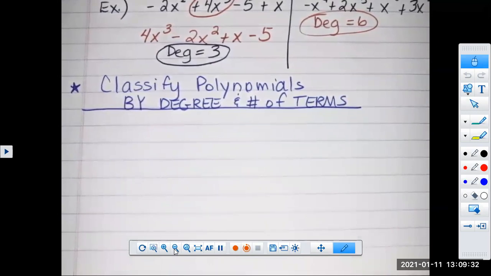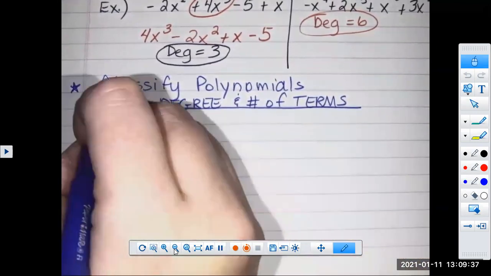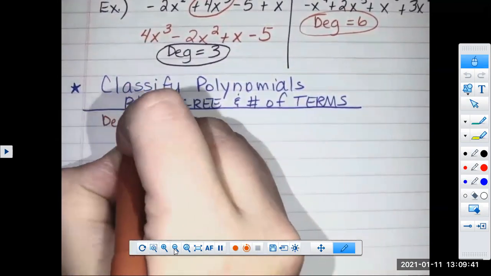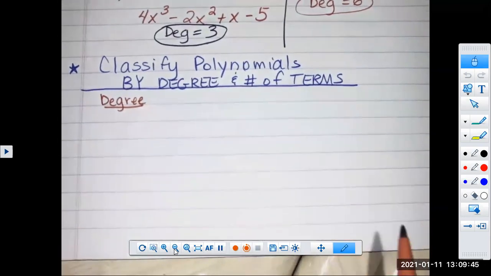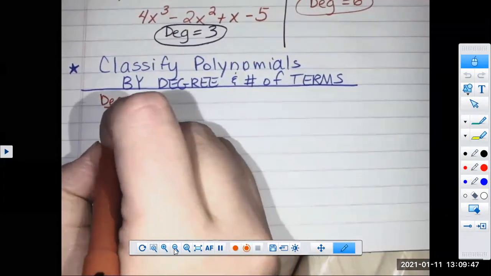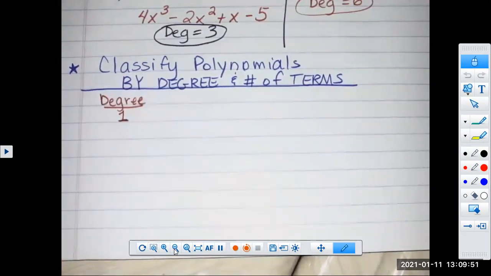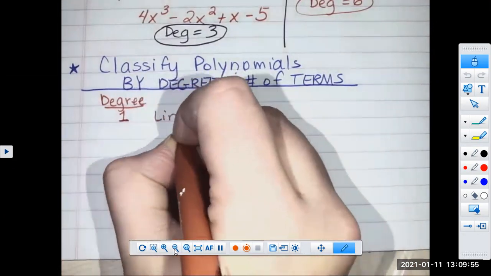It would be a line. So this is how you classify it by degree. If my degree of x is 1, or my highest exponent is 1, then it is linear.